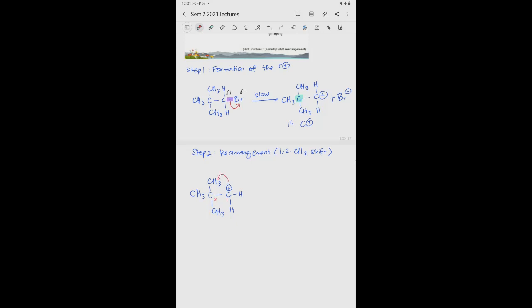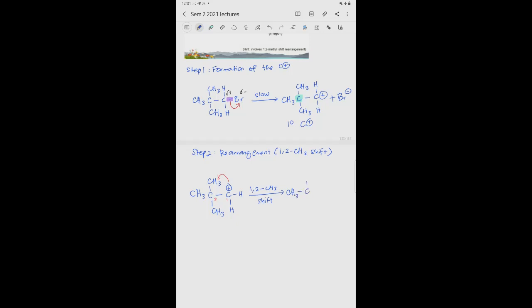So we will get, make sure you write it here, 1,2-methyl shift, to tell what type of rearrangement you did.